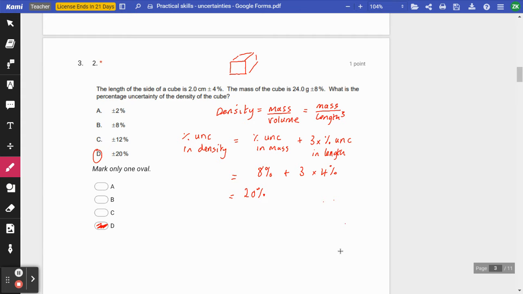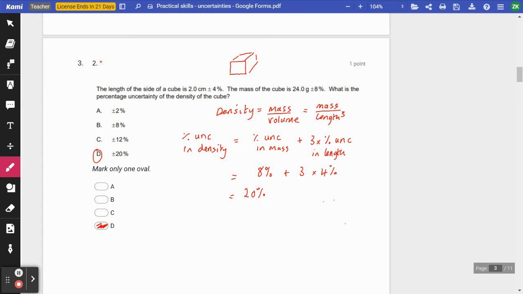So there's the percentage uncertainty in mass plus the percentage uncertainty in length, but we multiply the percentage uncertainty in length by a factor of 3 because of that power there. So therefore, the percentage uncertainty in mass, 8%, given to you here, plus the percentage uncertainty in length, given here, times by 3, gives us 20%.